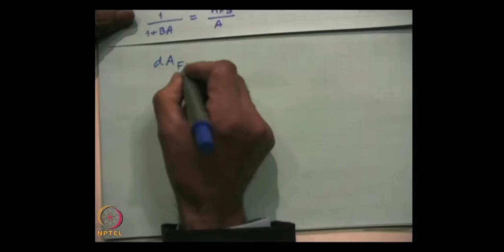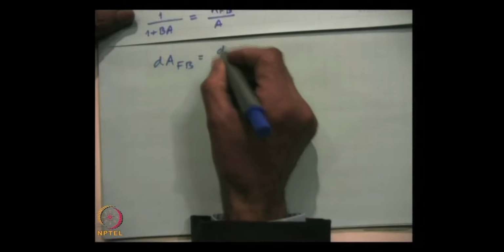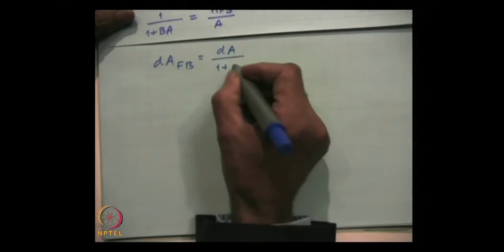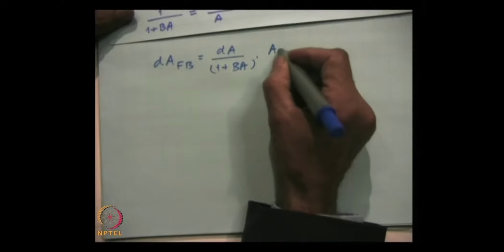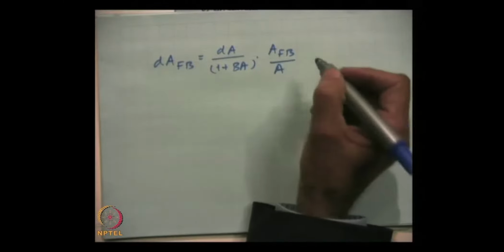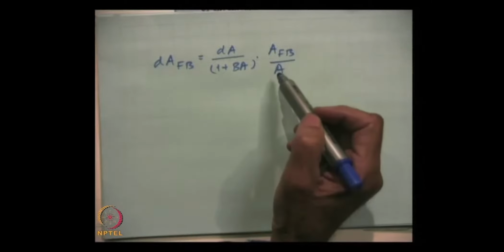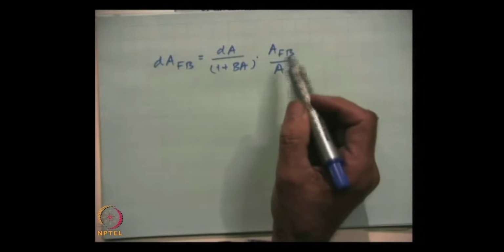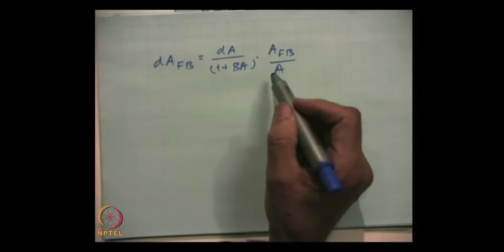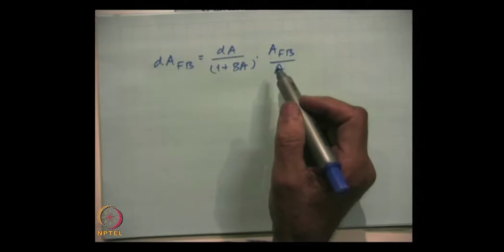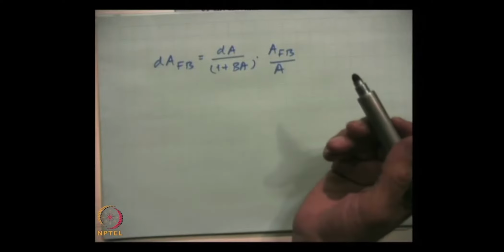Therefore, this equation becomes dAFB equal to dA by (1 plus BA) into AFB by A. I have replaced that 1 by 1 plus BA from the fundamental equation in this ratio, because we want to bring the final expression in a format which we can immediately use and which has the same terms which we are aware of.